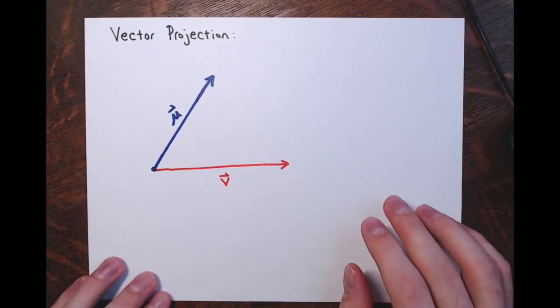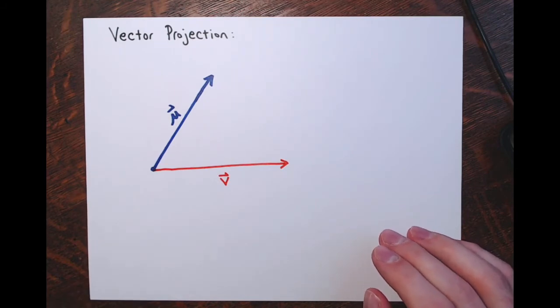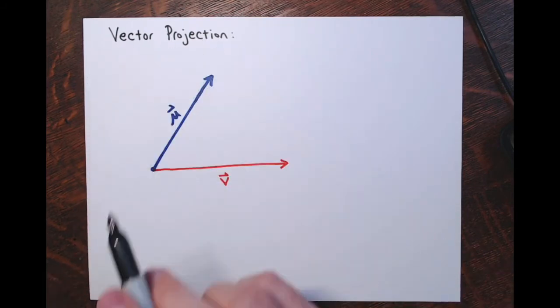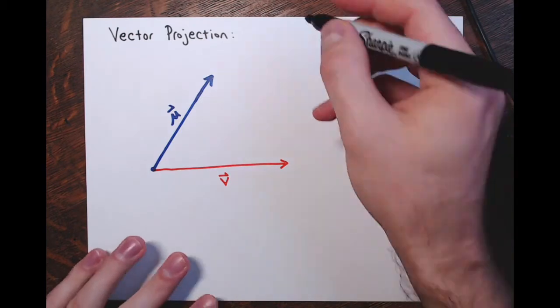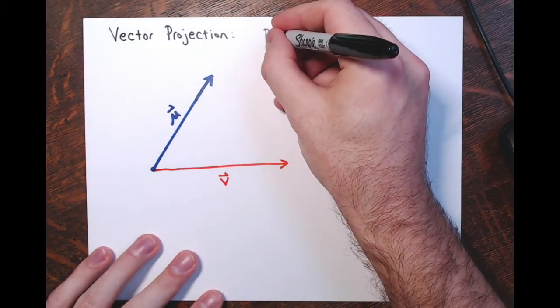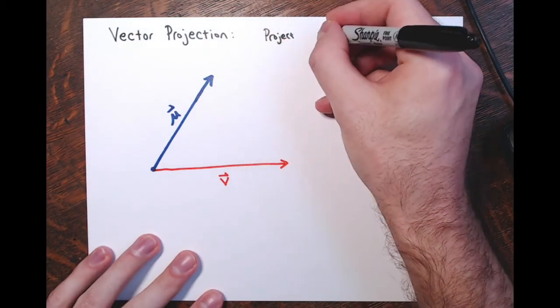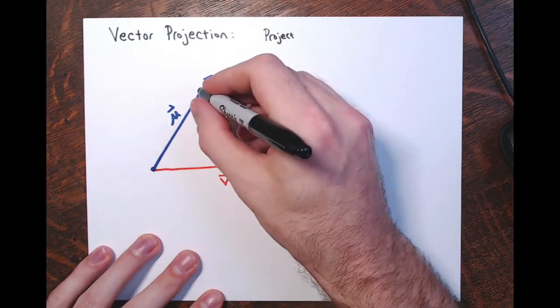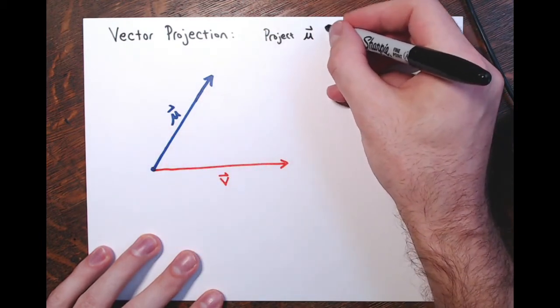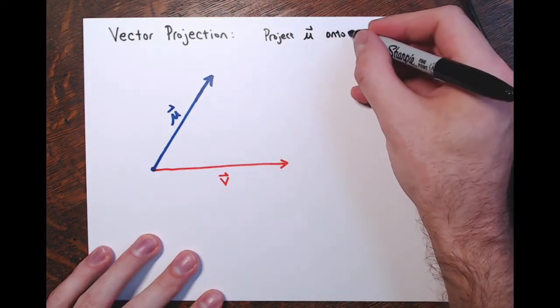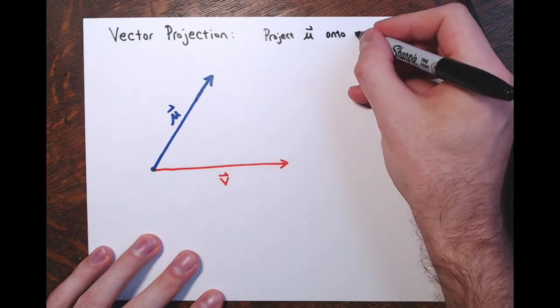Okay, so here's the start of my picture on vector projection. So say I wanted to project vector u, this purple vector, onto vector v.